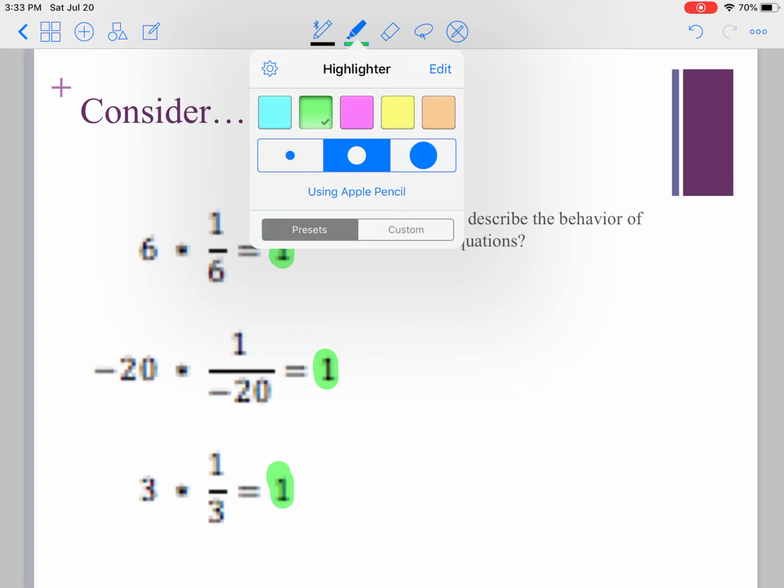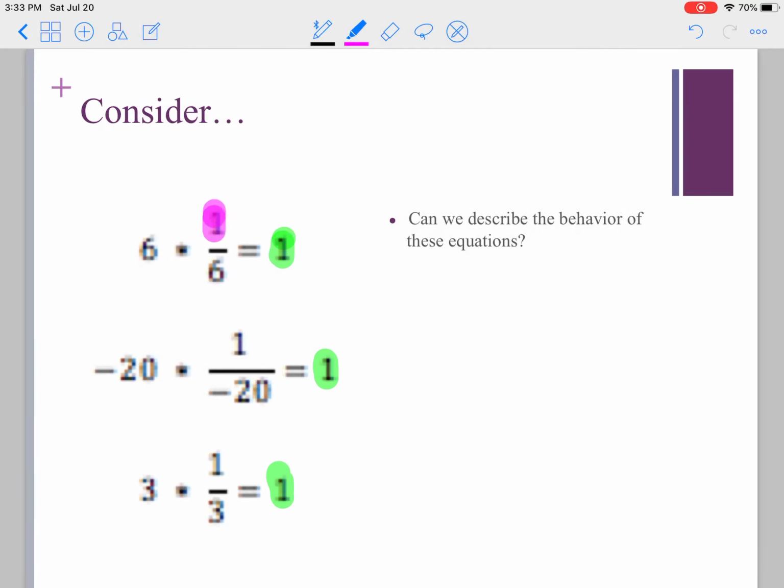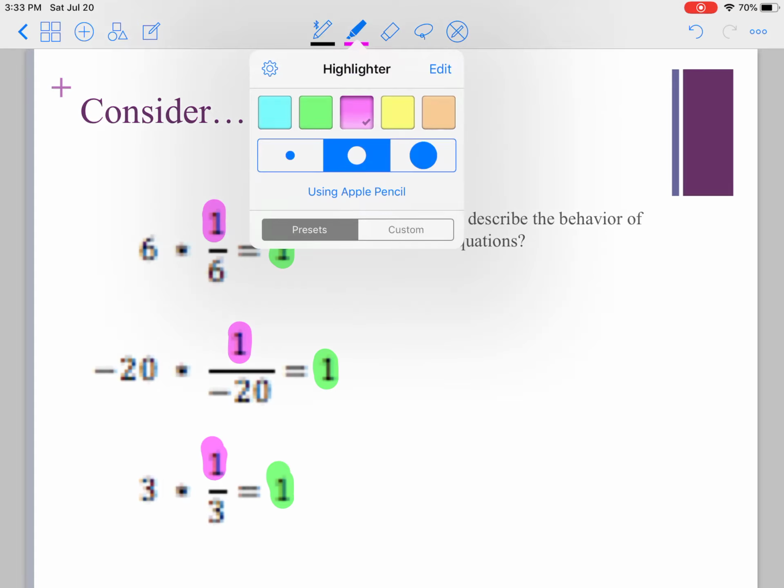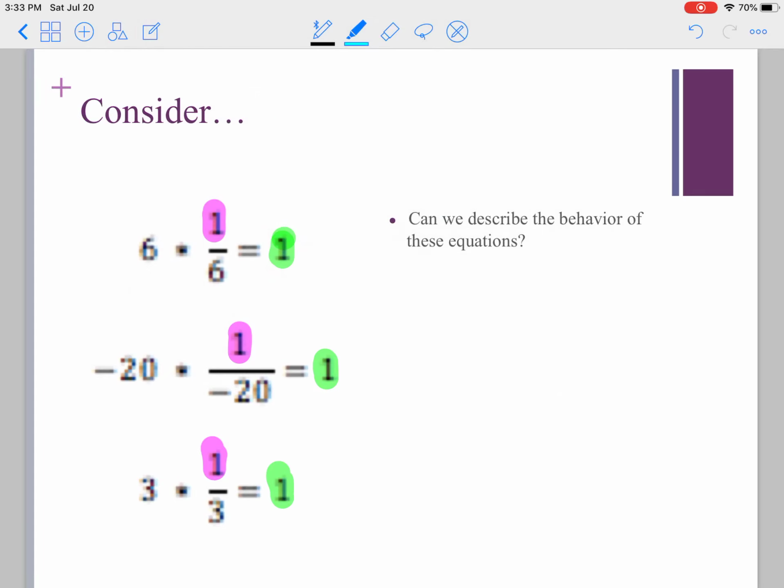Another aspect that you may have noticed is that there is a 1 in each one of the numerators. And then lastly, recognize that the number in the denominator is the same as the number that is being multiplied by the fraction.